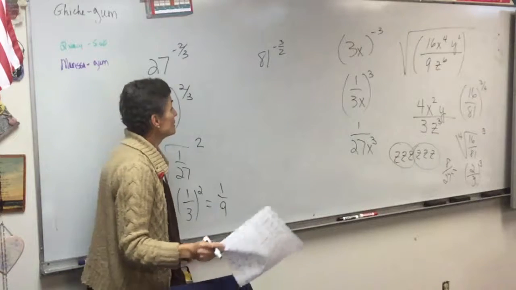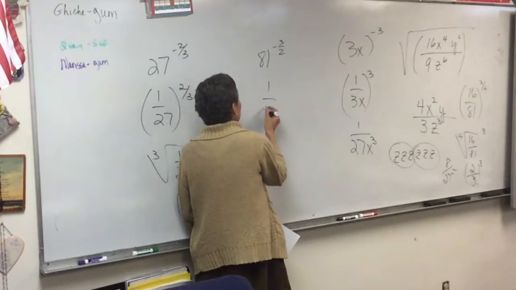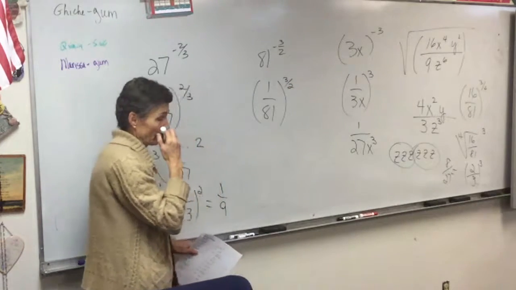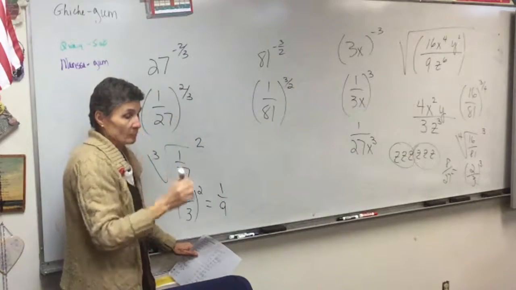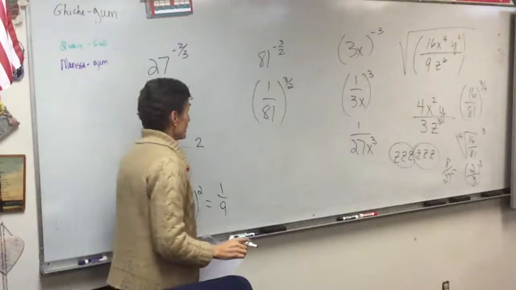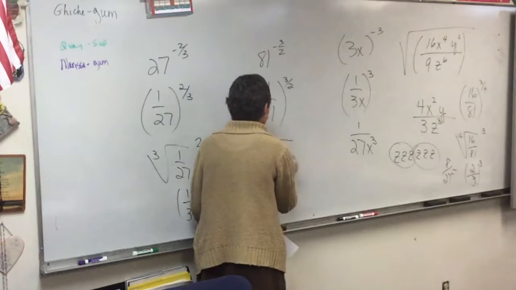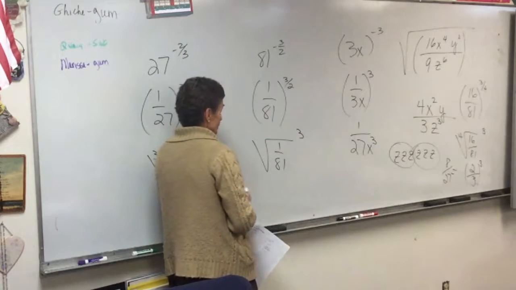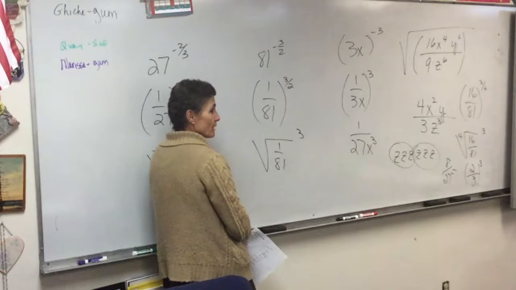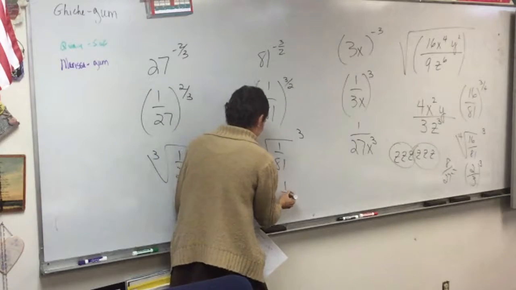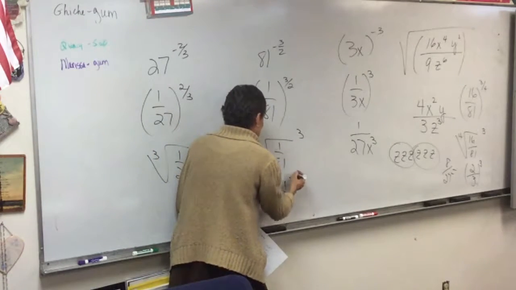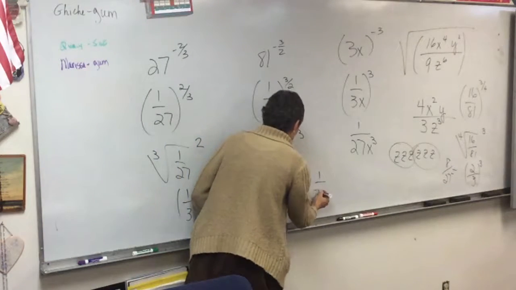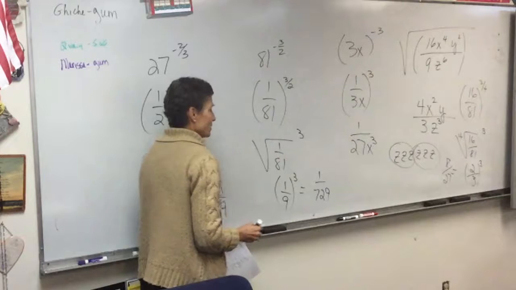So we'll flip that and it'll be 1 over 81 to the 3/2. That means the square root of 1/81 cubed. So what's the square root of 1 over 81? 1 over 9. Oh boy. 1 over 9 cubed. 1 over 729. Very, very good.